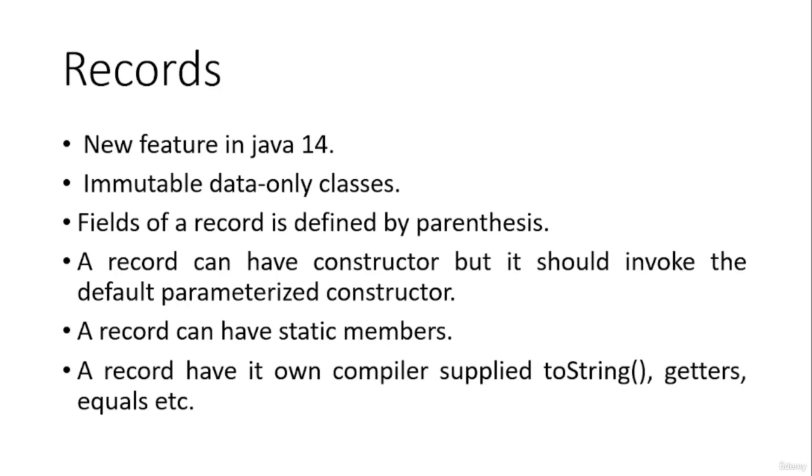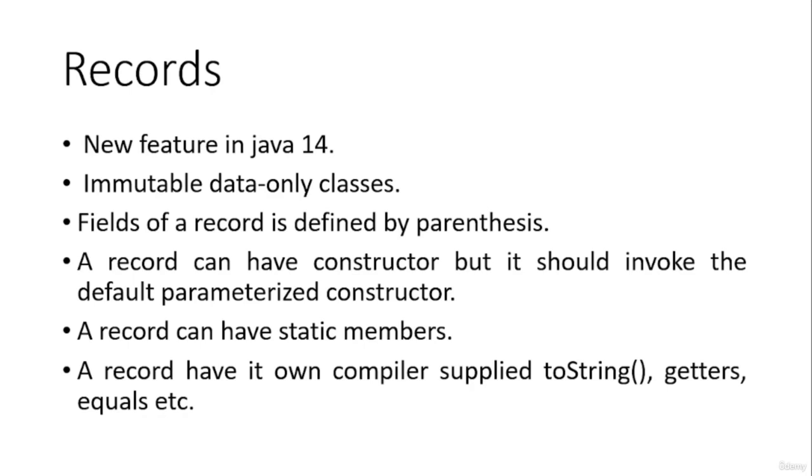Now let us see some of the features of records. One feature is that records consist of constructors. You can have different constructors in records, but all the constructors should call the parameterized constructor of the record. Records have a default parameterized constructor which contains all the fields in a record.